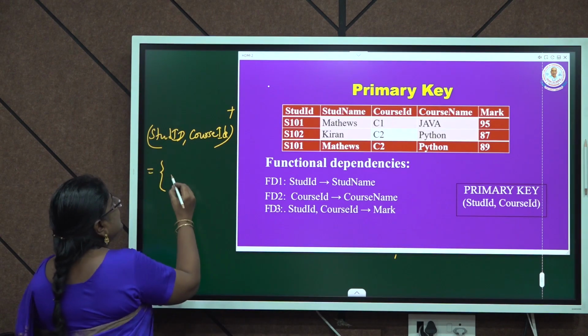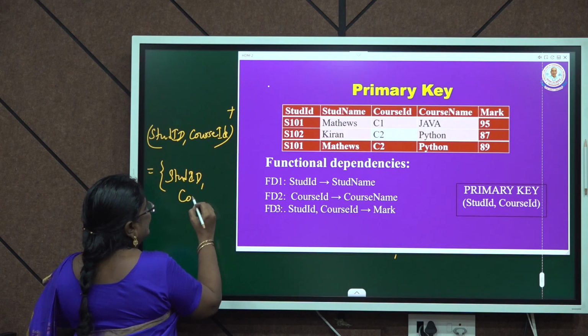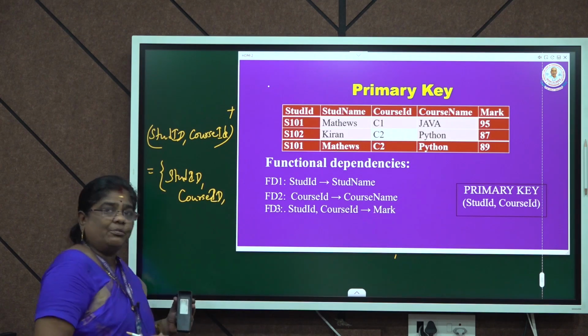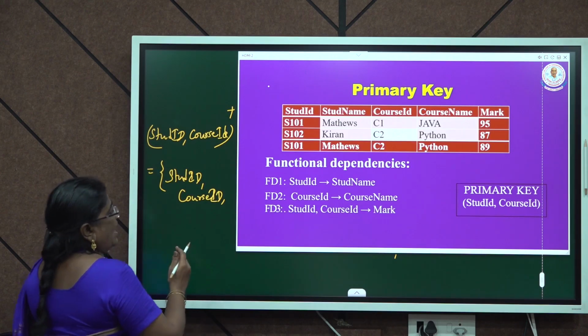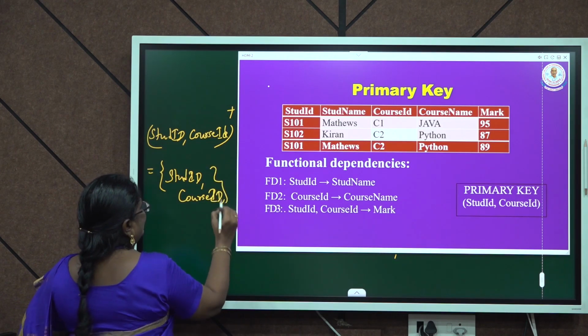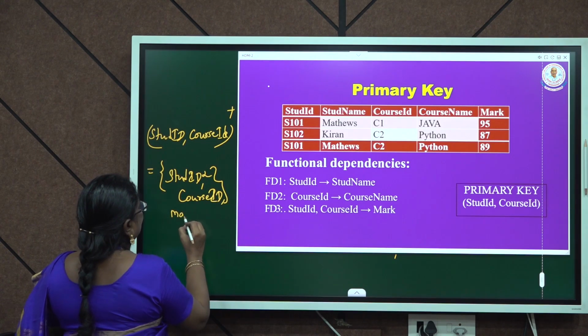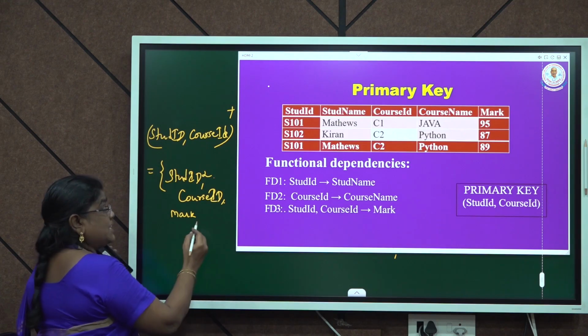And the alpha is stud ID, comma, course ID. And what is beta? Beta is nothing but the attribute which is present on the right side of FD3, that is mark. So, these two are alpha, and this is beta, mark. Now we have to take the subsets.